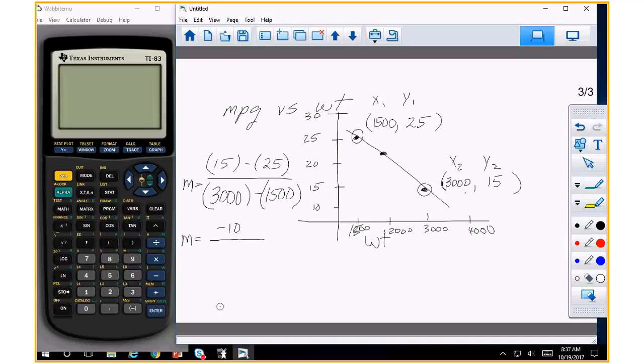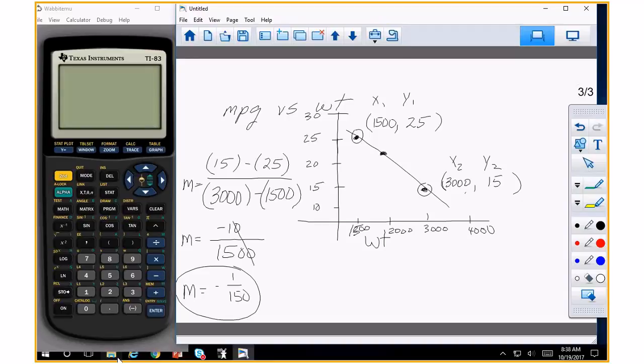And 3,000 minus 1,500 is 1,500, and zeros cancel, so m is equal to negative 1 over 150. That's a pretty shallow slope, because it's a fraction between 0 and 1, so it's shallow.